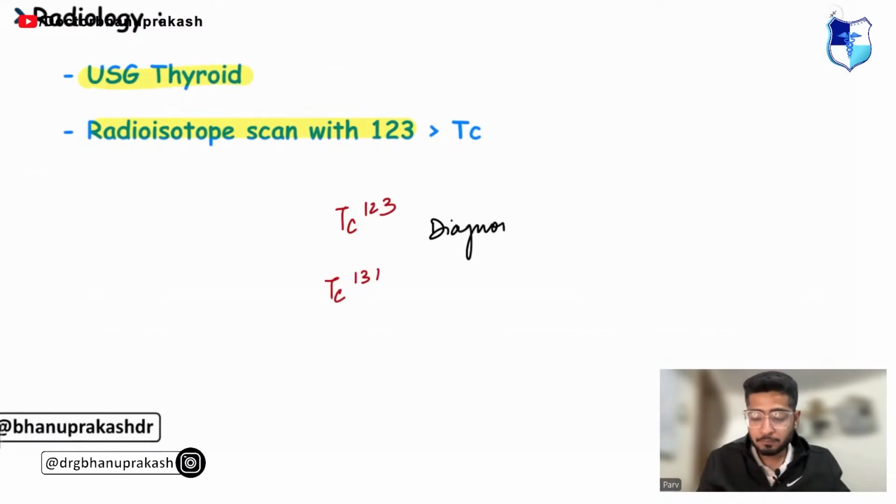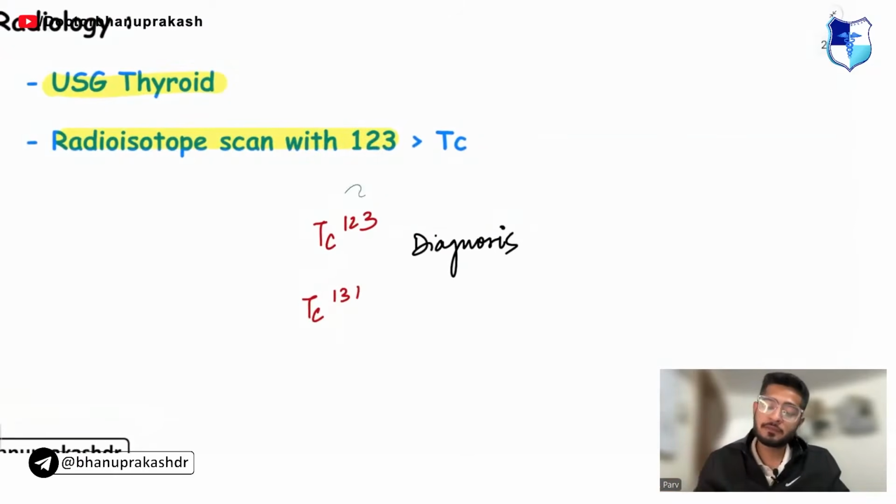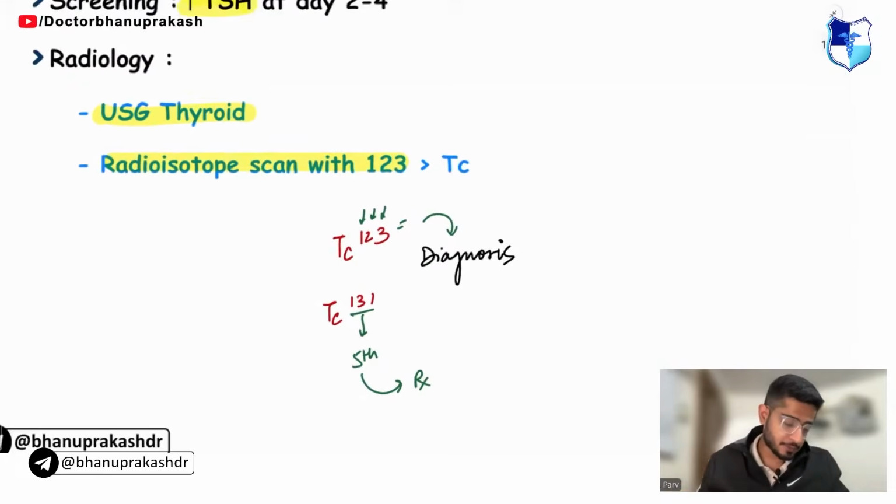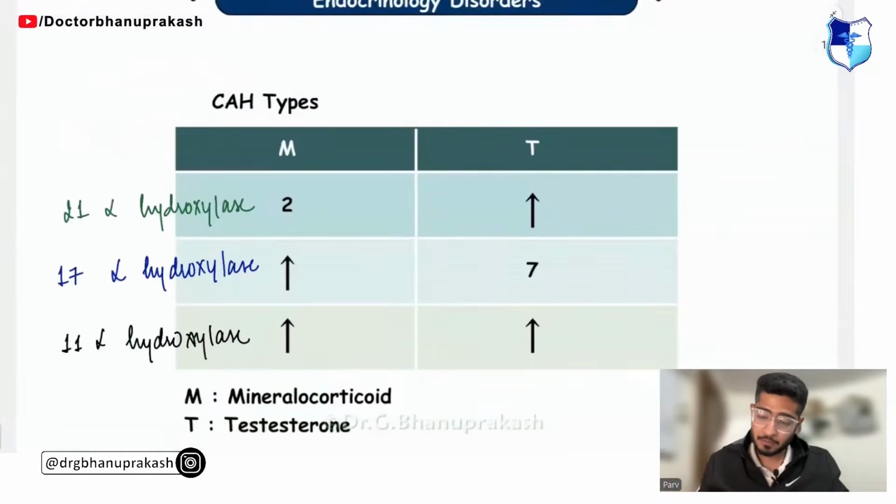Remember your years of MBBS: in first, second, and third year you just diagnosed the condition, and in your fifth year, the internship part, you started treatment. So iodine 131 is for treatment, and 123 is for diagnosis.